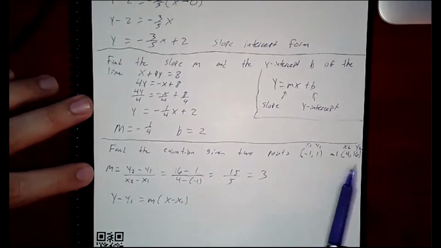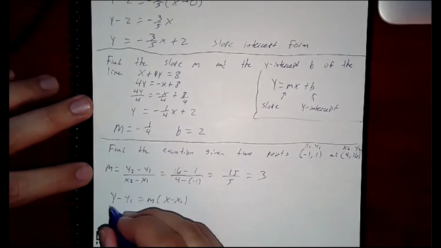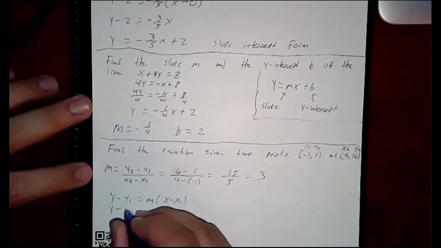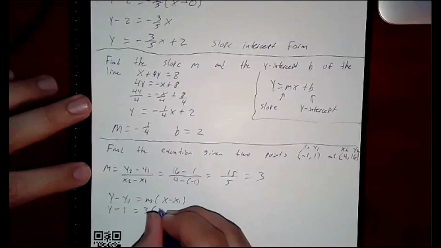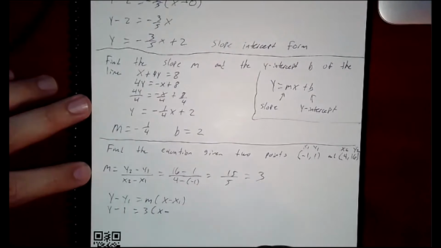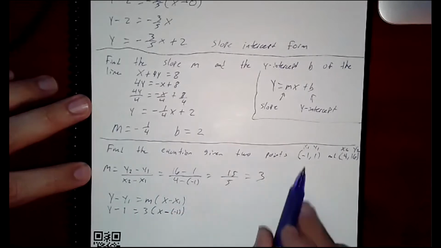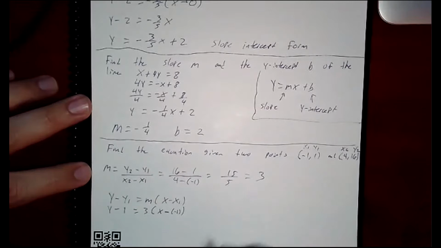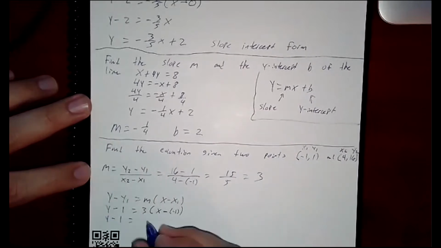I'm going to use negative 1 and 1 just because they seem to be easier to use. So y minus 1 is equal to 3 times x minus negative 1. It's x1. That will give us y minus 1 equal to 3 times x plus 1.